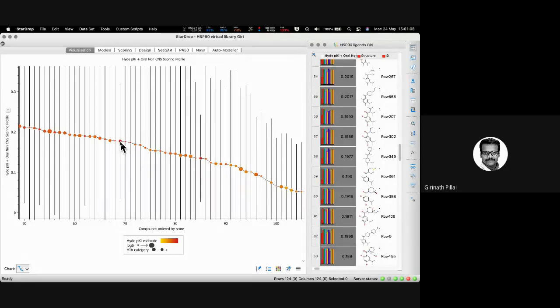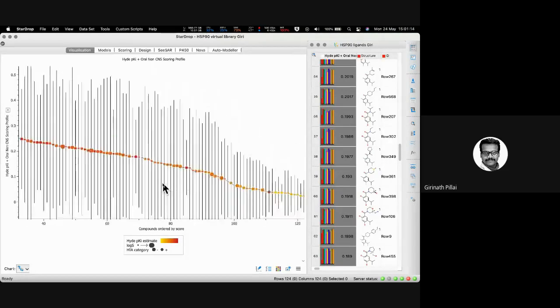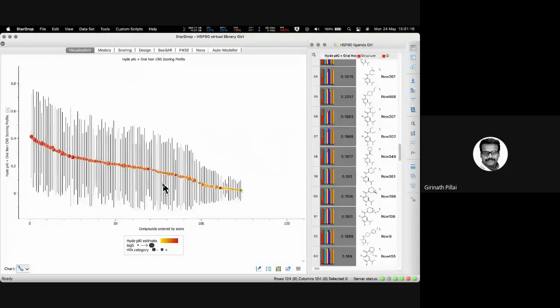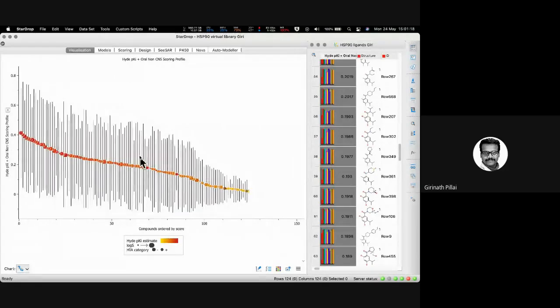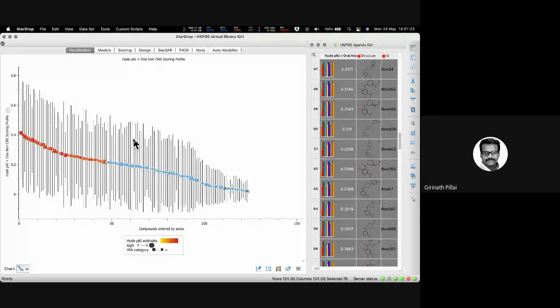This one too is dark red, biologically active, but they don't have a better score just because the ADME properties are not satisfying. So here I'm very confident to remove all these compounds from my data set, which I'm not going to consider for my next step of studies, because I have clearly gone through it and understood that certain properties are lacking which I need in order to consider them as a lead molecule.